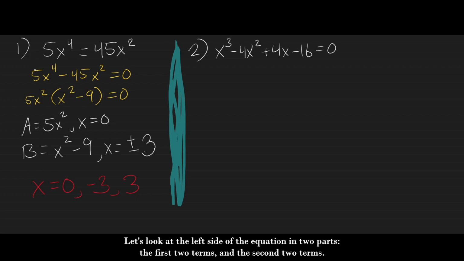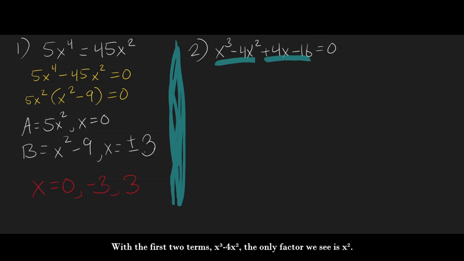Let's look at the left side of the equation in 2 parts, the first 2 terms and the second 2 terms. With the first 2 terms, x cubed minus 4x squared, the only factor we see is x squared. Then when we look at the second 2 terms, 4x minus 16, we only see a factor of 4. So let's factor those out of our terms.